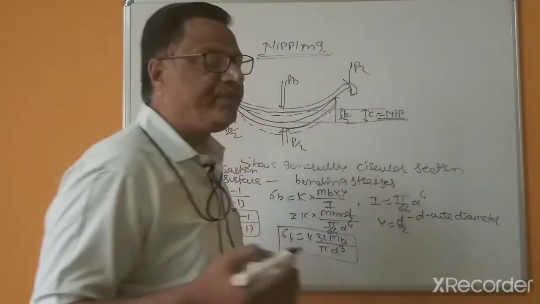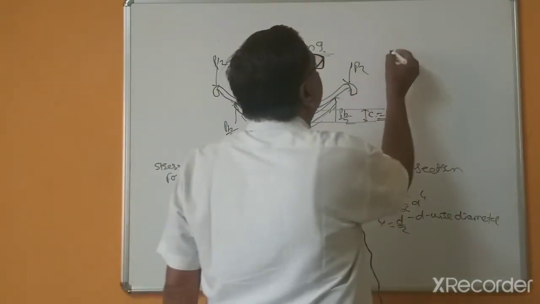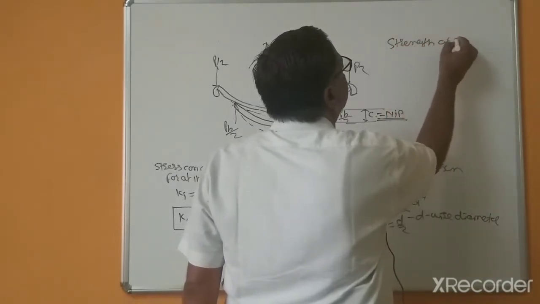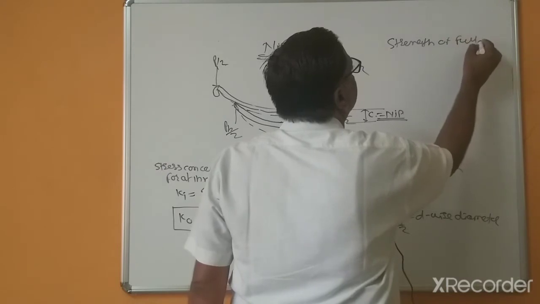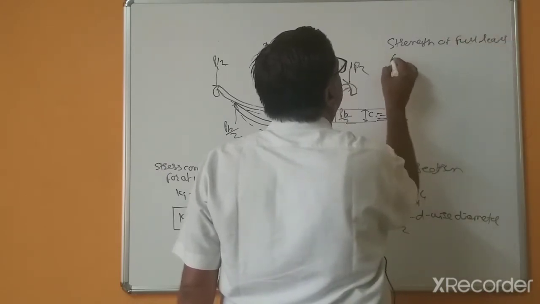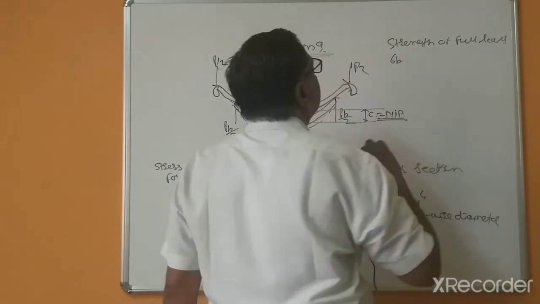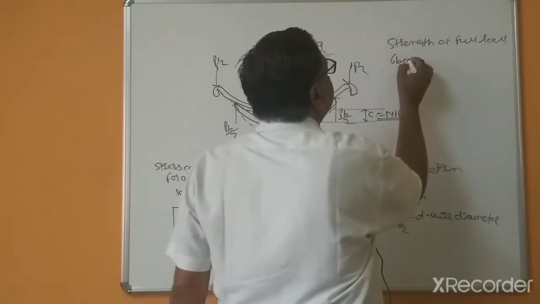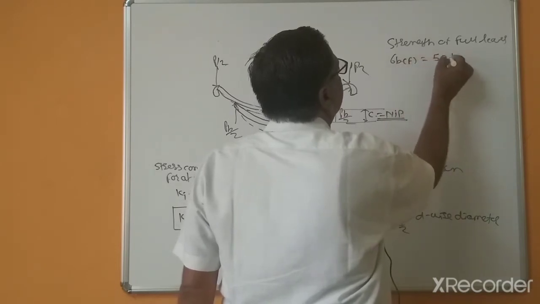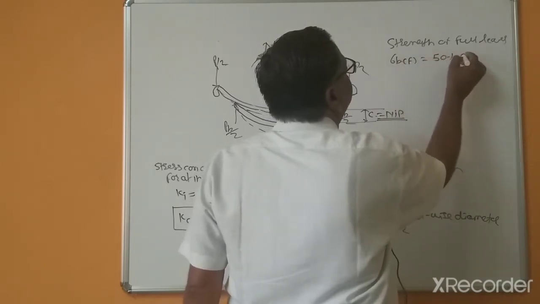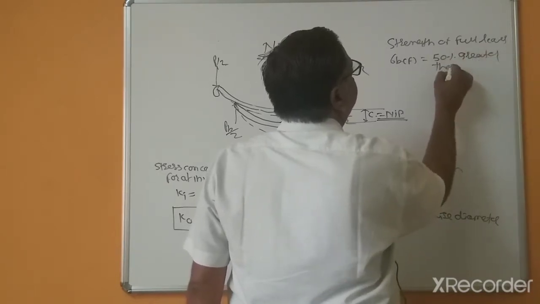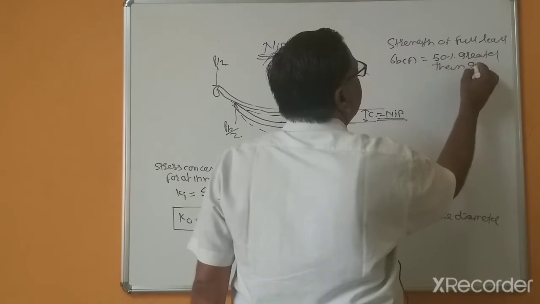As you know, the strength of the full leaves is 50% greater than the graduated leaves.